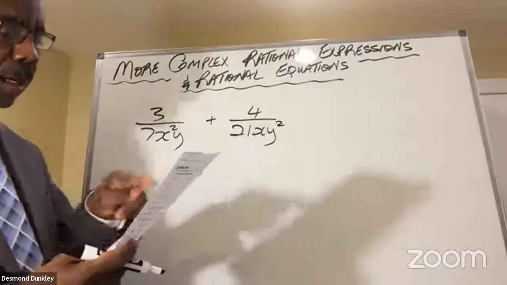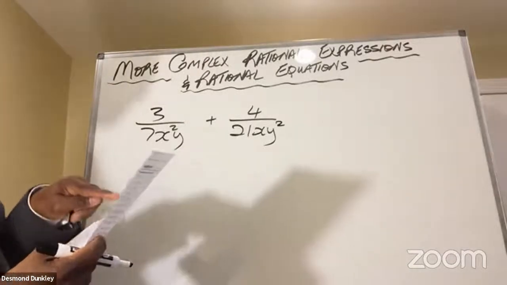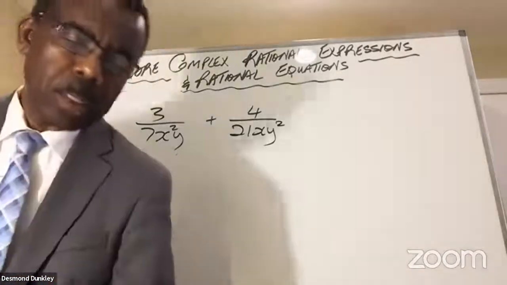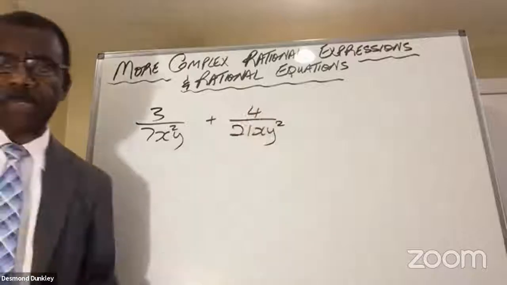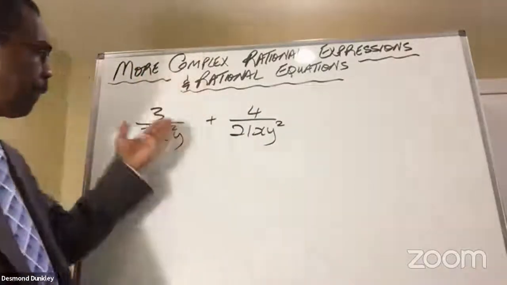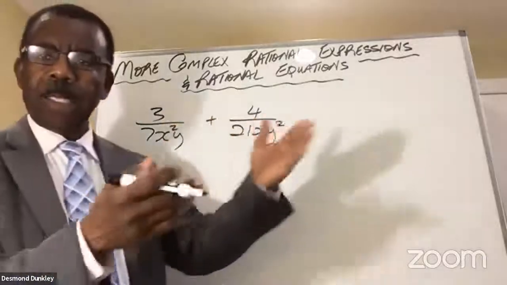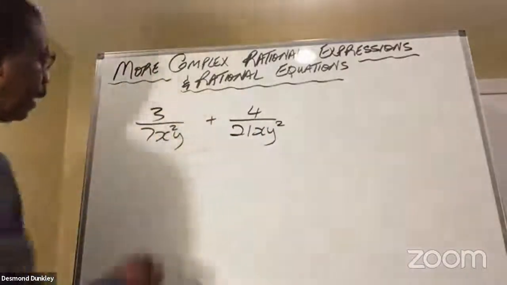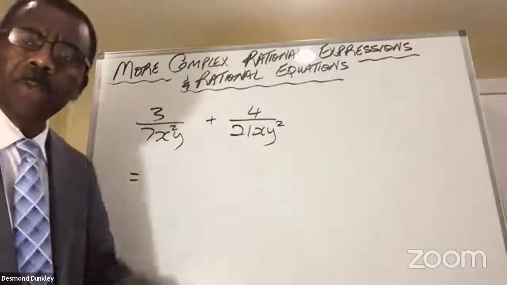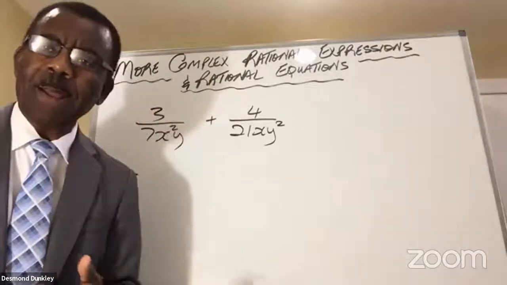Let me double check to make sure I copied it correctly. 3 over 7x squared y plus 4 over 21xy squared. Beautiful. Here we have two fractions, and we say that these are rational expressions because they have variables in their fractions. And like anything to do with fractions, if we're adding, we must get a common denominator.